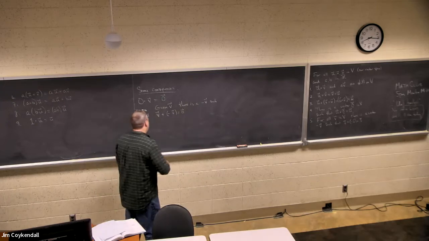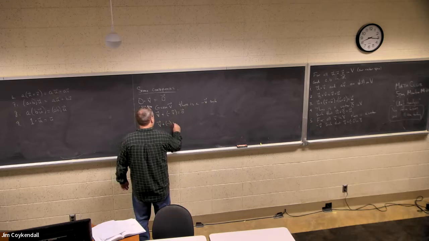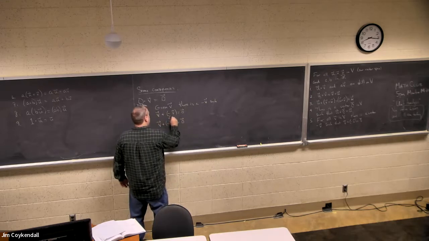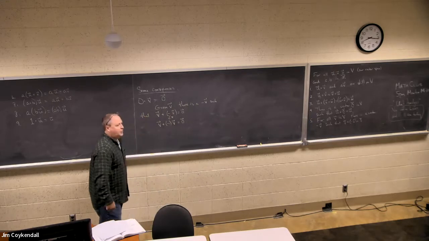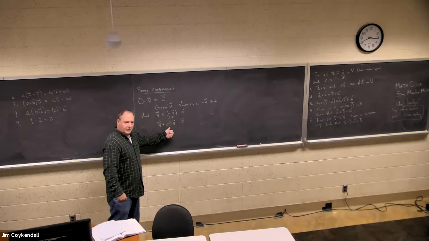Actually, we should probably clear that up here. Negative b is actually negative 1 times b.